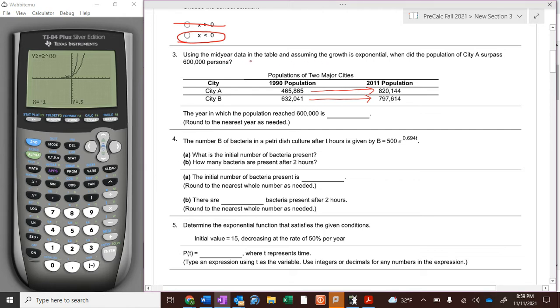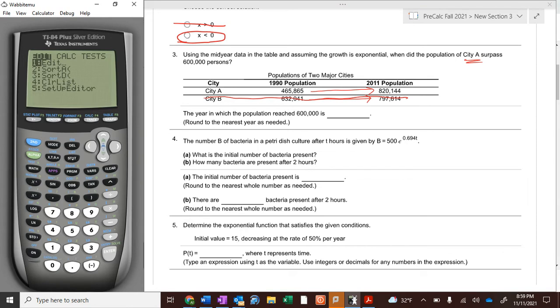Using mid-year data and assuming the growth is exponential, when did the population of City A surpass 600,000 people? So we're not even going to worry about City B, because we're worrying about City A. If it's exponential, we can totally use our graphing calculator for this.